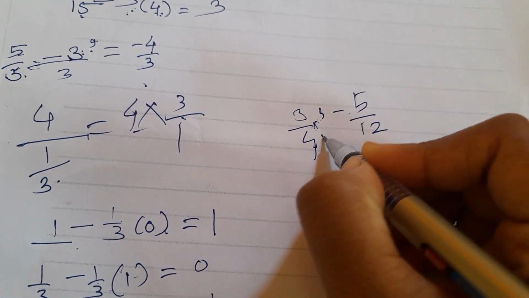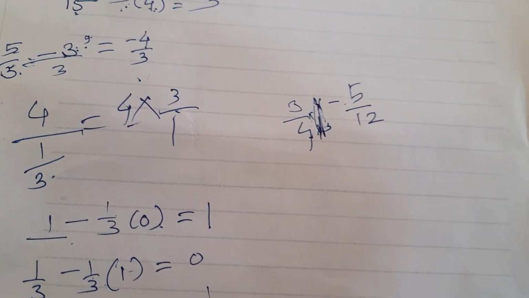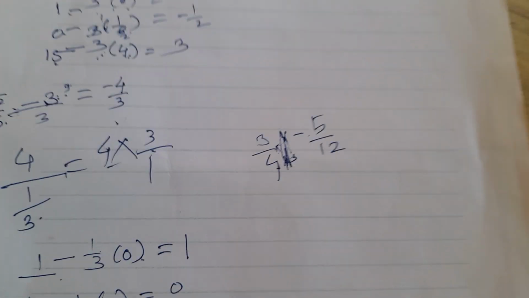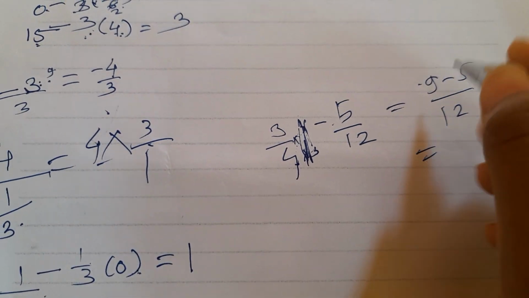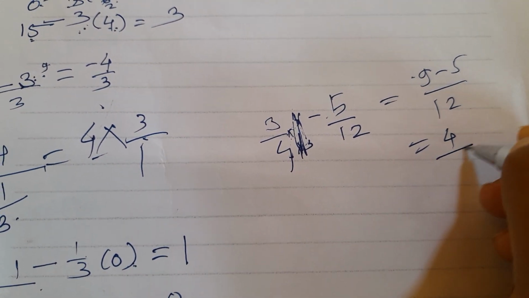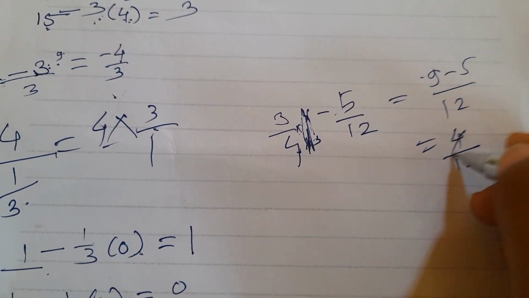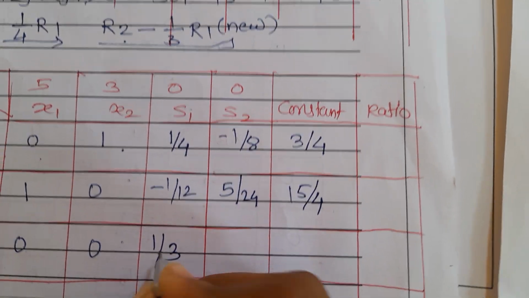Again we want the same denominator. 3 threes are 9, that is 9 minus 5 upon 12, it becomes 4 upon 12, which is 1 upon 3.